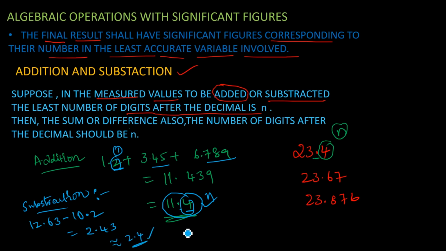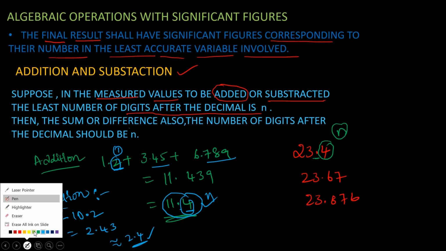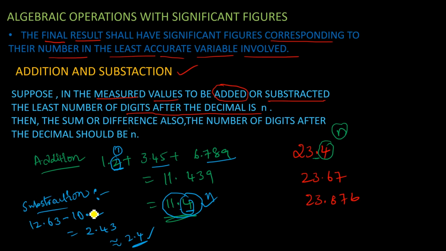Here the least number of digits after the decimal in this subtraction is 1, that is n. After getting the result, after the decimal you got a single digit, that is 1. I hope you got to know.